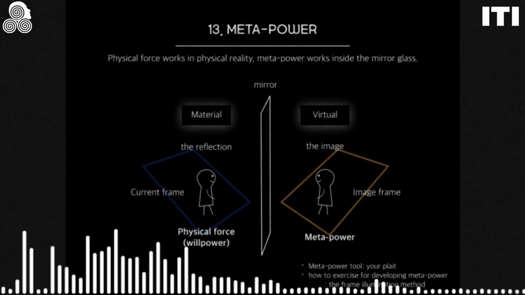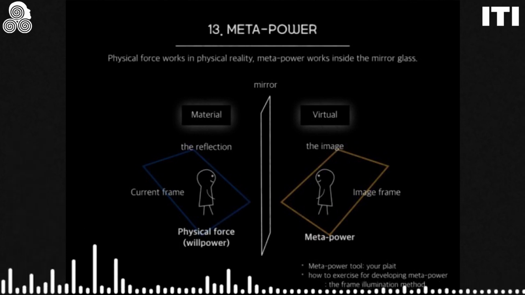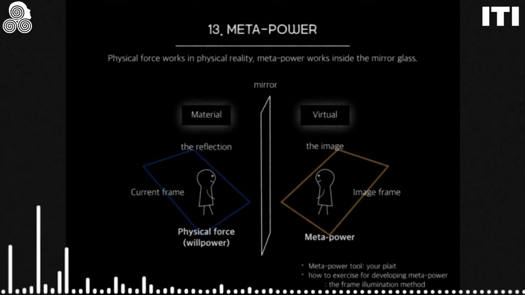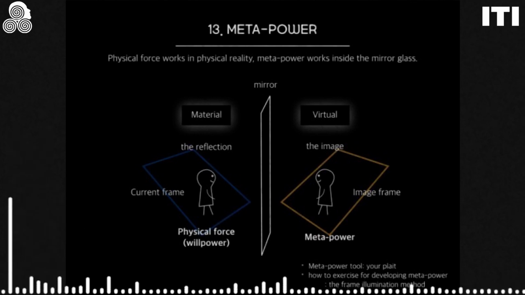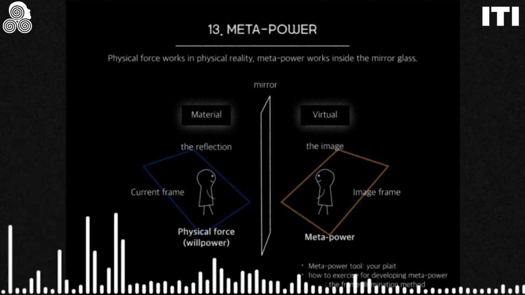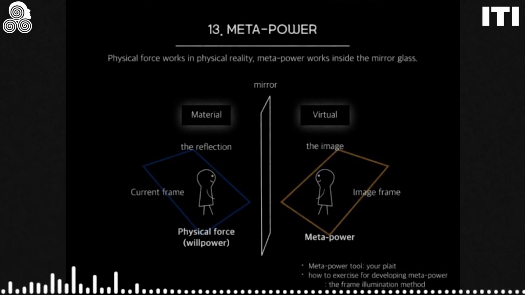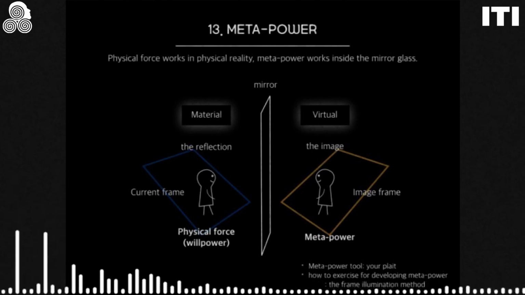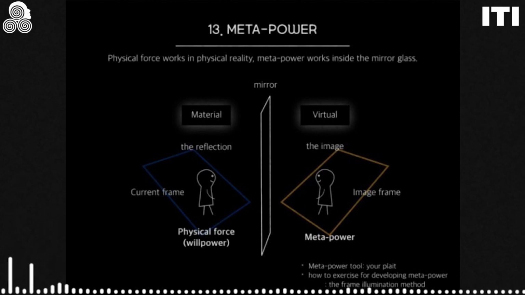And then on the other side of that, what Eum has depicted is working from a different place, your meta power place. This is you using tools like your plate. This is you projecting material or playing slides like your future frame and projecting that material up onto your current frame in a way where you're not having to force anything.